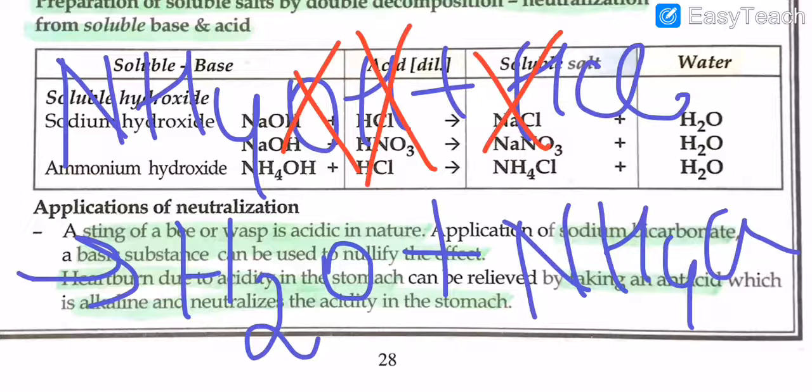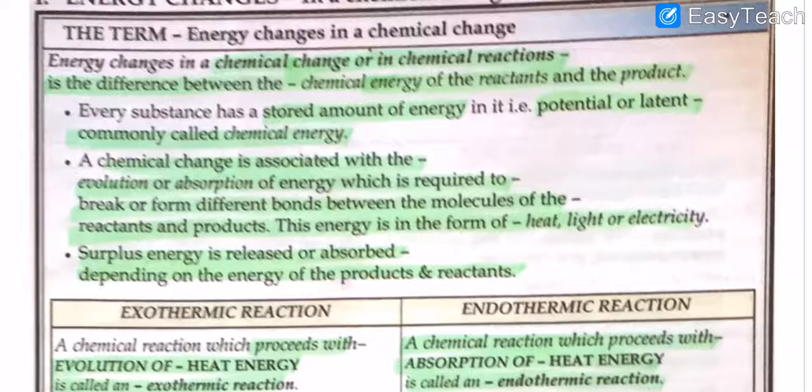Okay, perfect. Now let's move on to the energy changes in a chemical reaction. Basically, what are the types of energy that change or take place in a chemical reaction? First and foremost, what does the term energy changes in a chemical change mean?